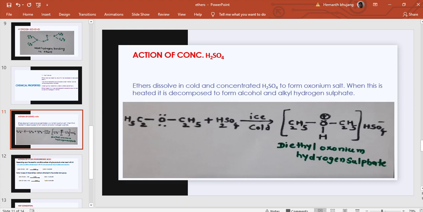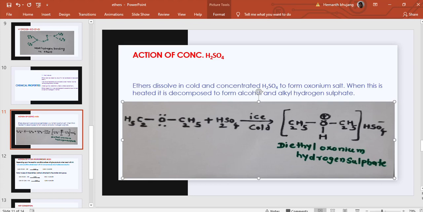When this is treated, protonation takes place because lone pairs are present. H2SO4 ionizes to produce H+ and HSO4-. The H+ goes to the oxygen, so one lone pair is lost and the oxygen is left with one lone pair, an OH bond is formed, and oxygen acquires a positive charge, because it gives its lone pair to H+ to form the OH bond.